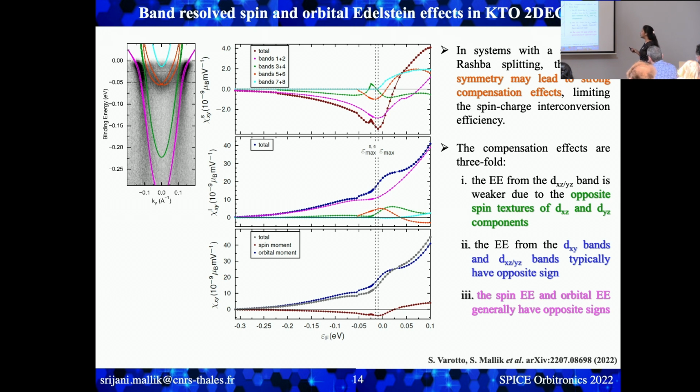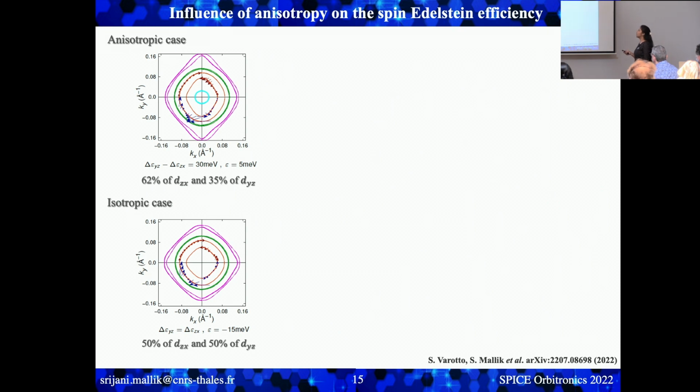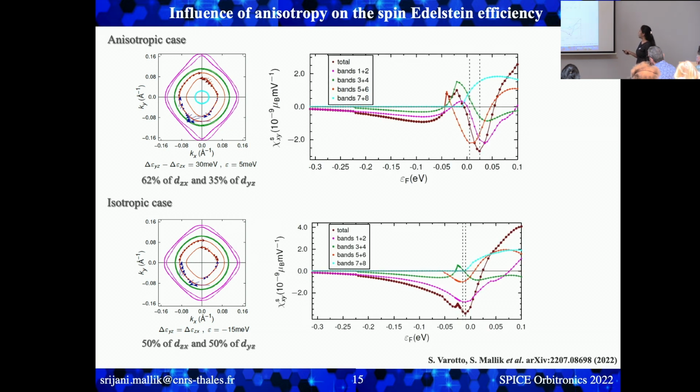And to resolve these issues, for the first issue, what we can do is introduce some anisotropy in the system, because initially for the isotropic case, it was considered that it's exactly an equal mixture of the dxz, dyz bands. But now we are considering an anisotropic case where it's not equally mixed, and because of this anisotropy, we can see for the orange band pair a large increase in the spin Edelstein effect.